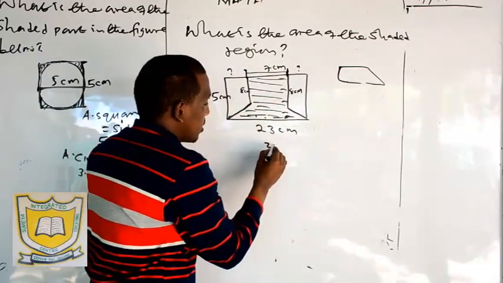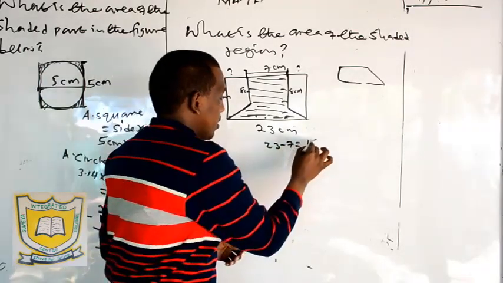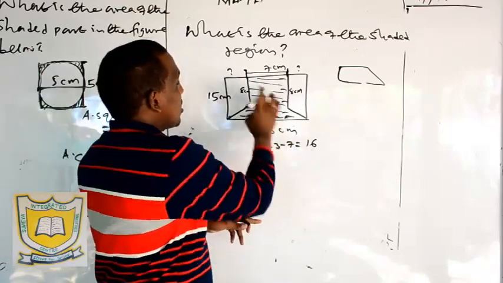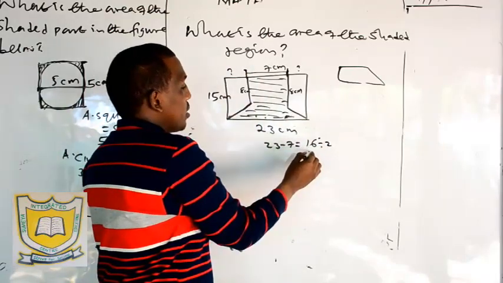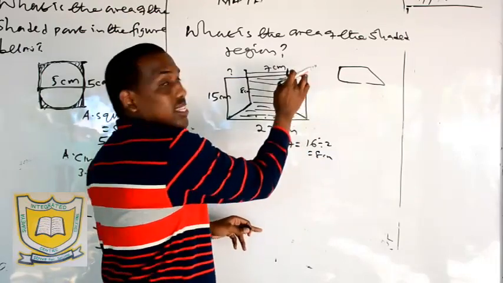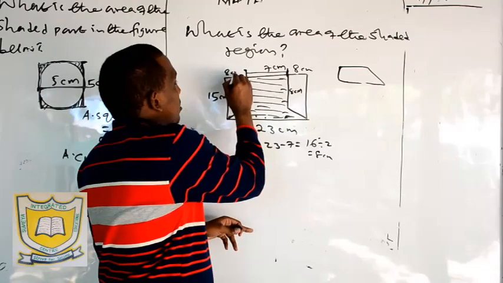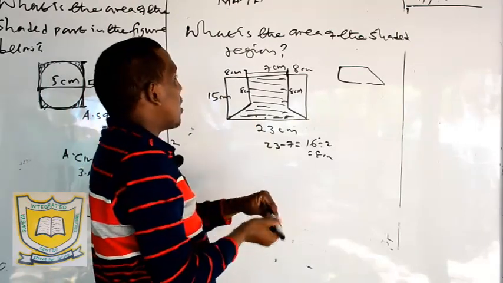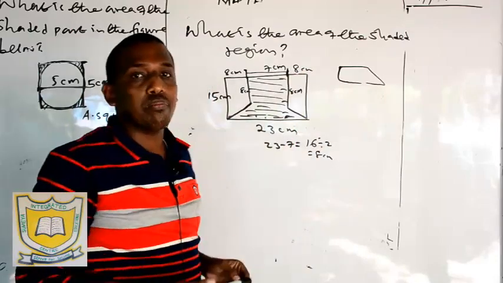We say 23 minus 7, you get 16. Divide by 2 for the 2 parts, so it will be 8 centimeter. This part will be 8 centimeter. This part will be 8 centimeter. When you add 8 plus 7, 15, 15 plus 8, 23, they are the same.